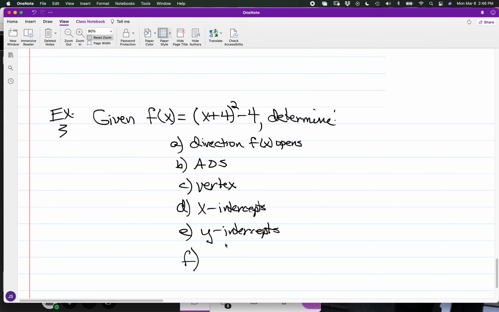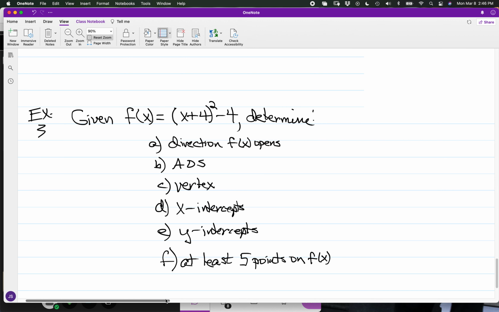And also at least 5 points on the graph of f of x.